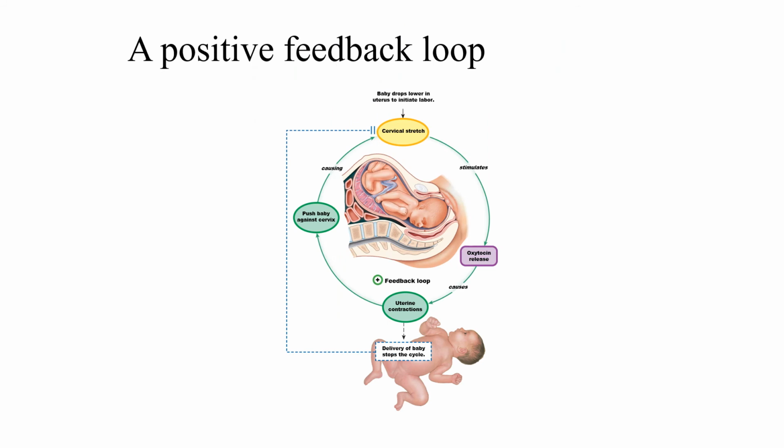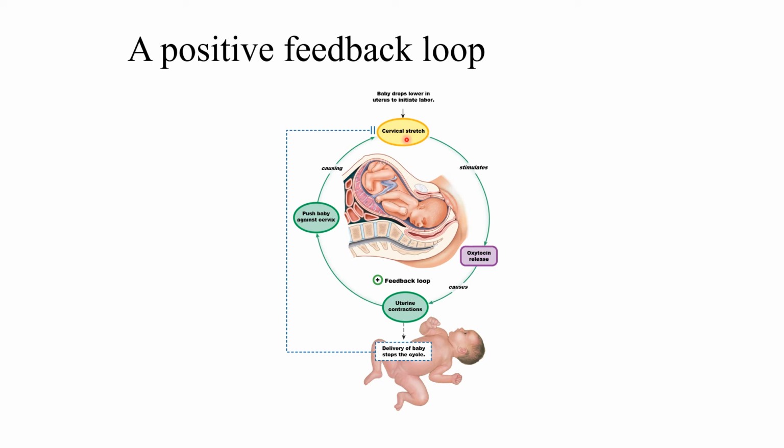As I said, a positive feedback loop is not a homeostatic loop, because it's actually going to try to push you away from that normal range. And so whatever change you're going to be faced with, it's actually going to try to reinforce it, and even increase that change that you are faced with.